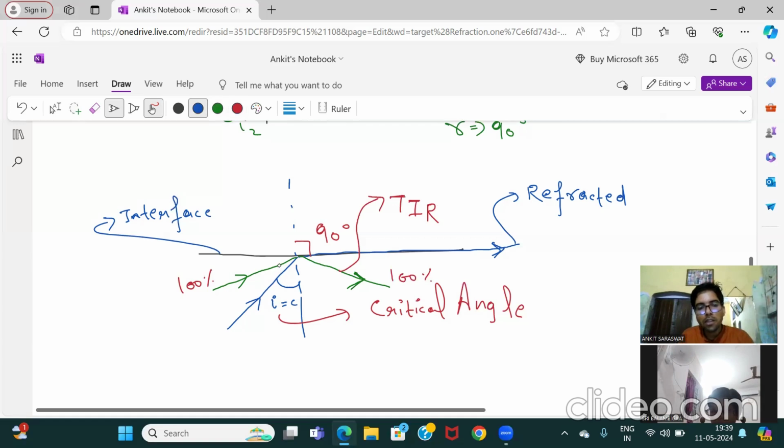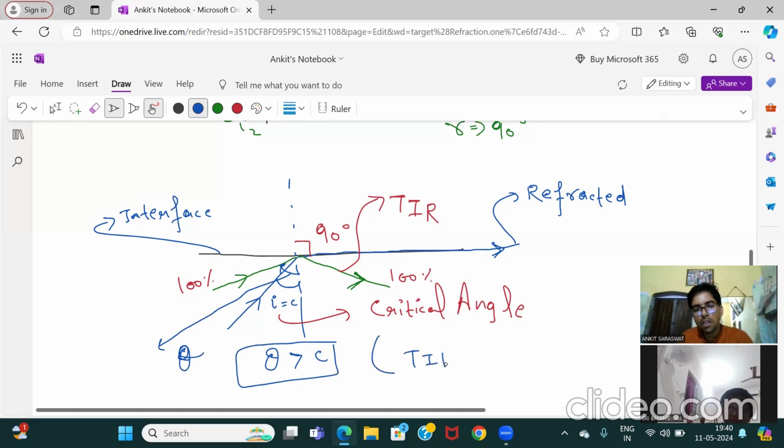So if you increase the angle of incidence more than the critical angle, for example, let us take this theta, this theta is more than the critical angle C. I is equal to C. If it is more than C, then you will see TIR. Clear? This theta is the angle of incidence that is more than the critical angle.